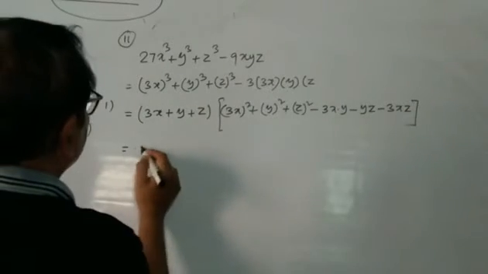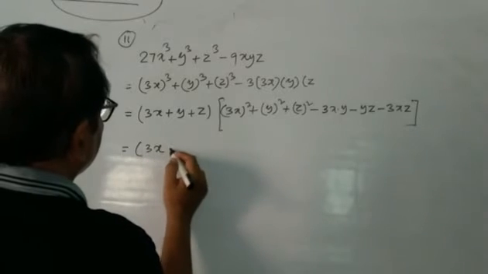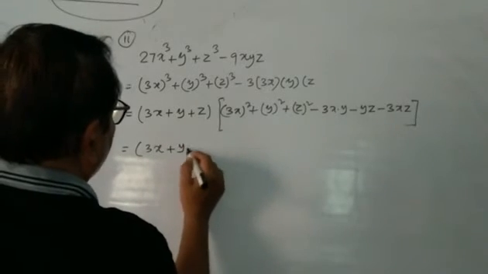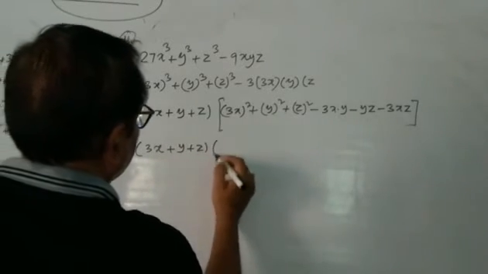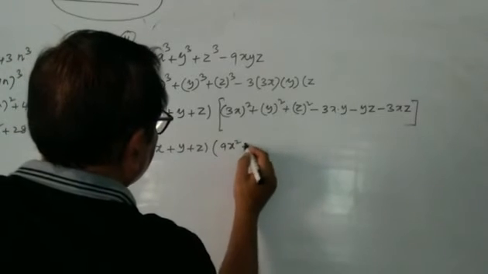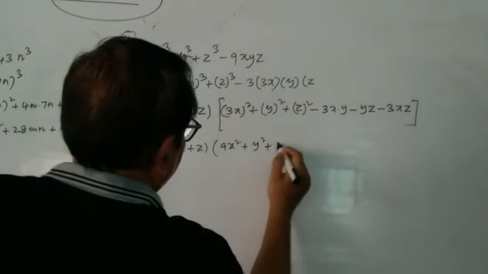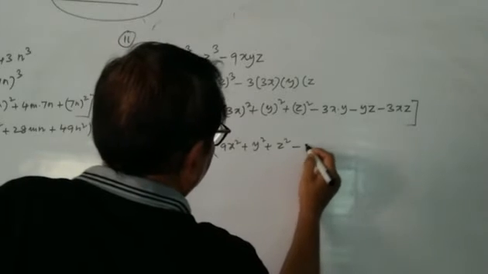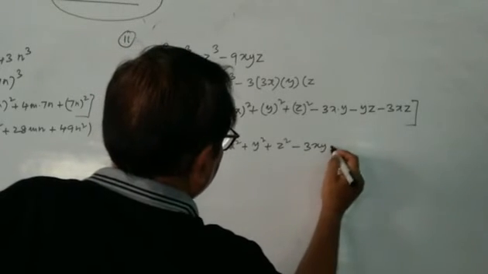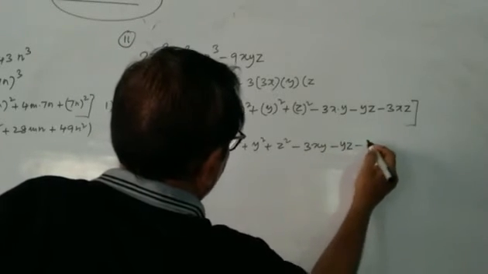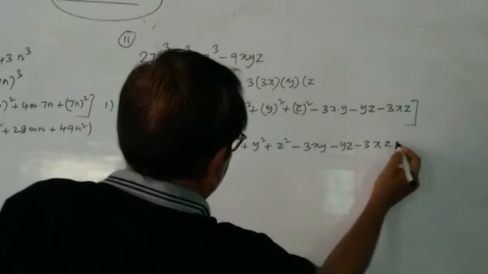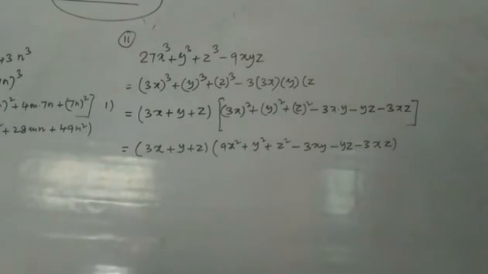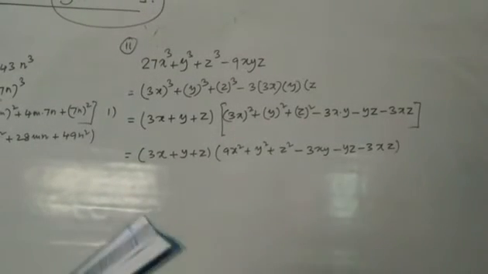So ultimately, students, your factorization answer is (3x plus y plus z) into (9x square plus y square plus z square minus 3xy minus yz minus 3xz). So this is the final answer of question number 11. A single question it was.